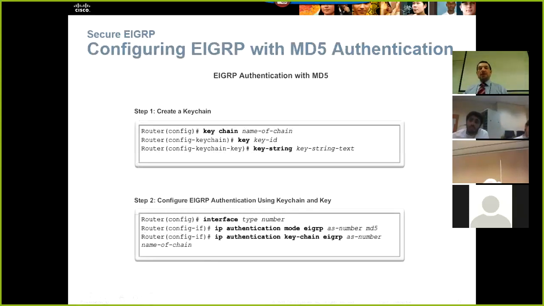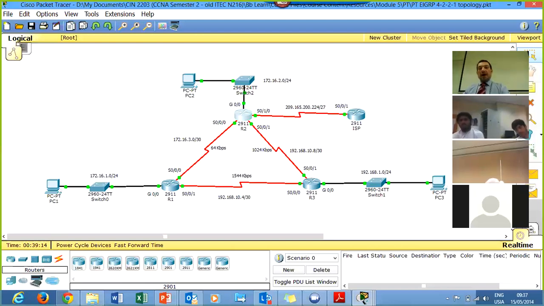And then you go to the interface. Authentication has to be set at the interface. So, for example, in Packet Tracer, if I want to set authentication between R1 and R2 only, then I come to the interface and I can set the authentication. I apply it to this interface, but I need to apply it on the R2 interface as well.